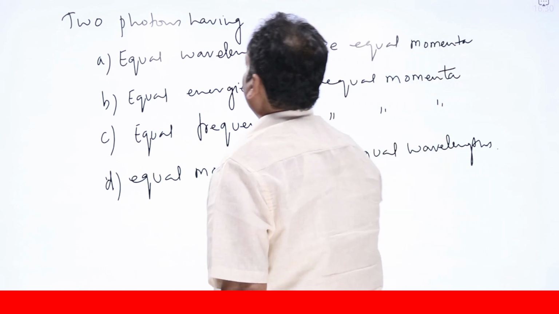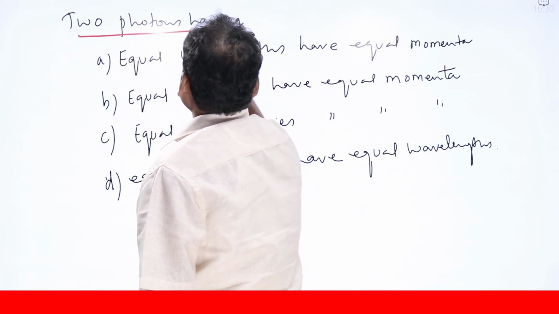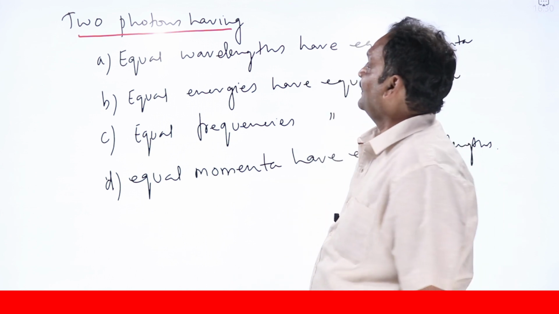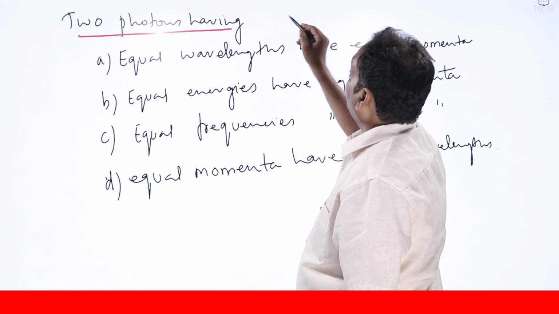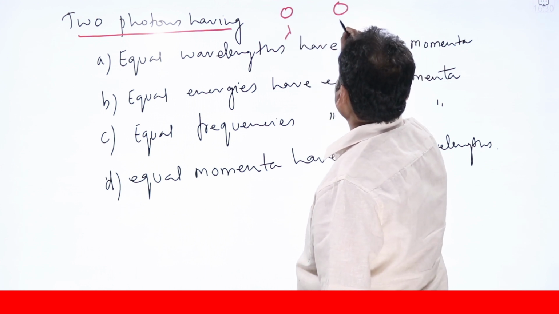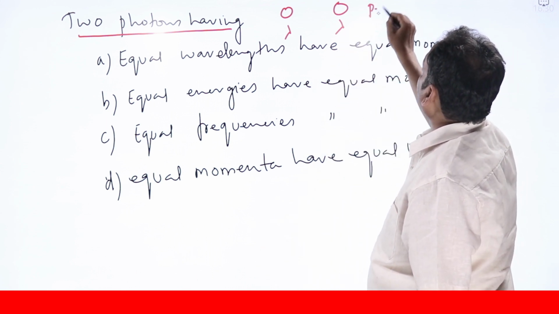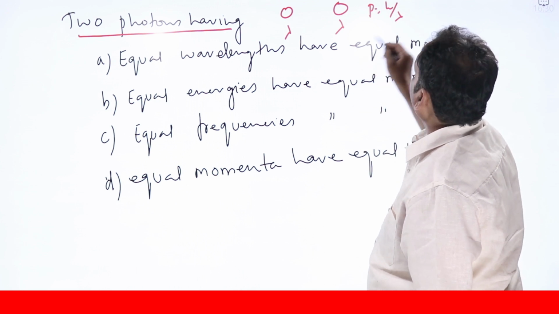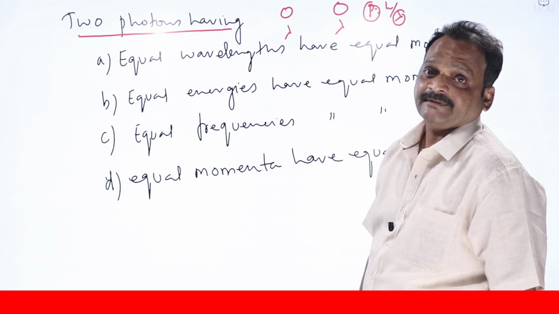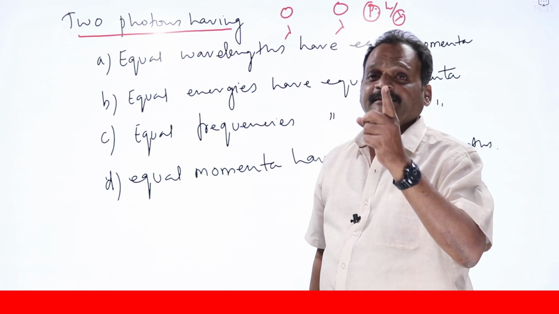Now look at this one. Two photons having equal wavelengths, lambda here and lambda here, have equal momenta, because momentum p equals h by lambda. When they have the same wavelength, the magnitudes of their momenta are equal. Here one important thing is that momentum is a vector quantity.